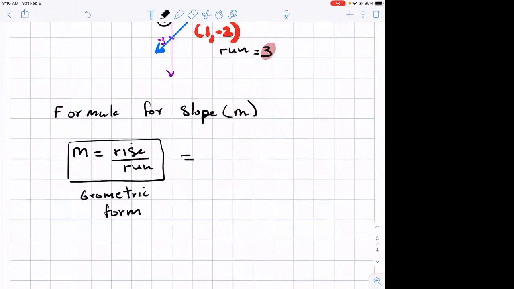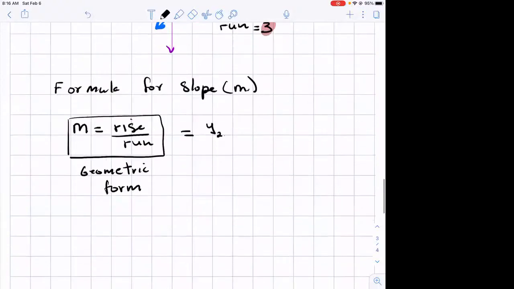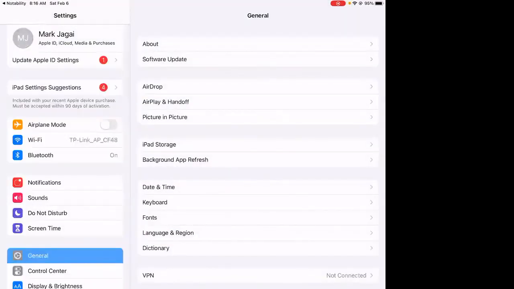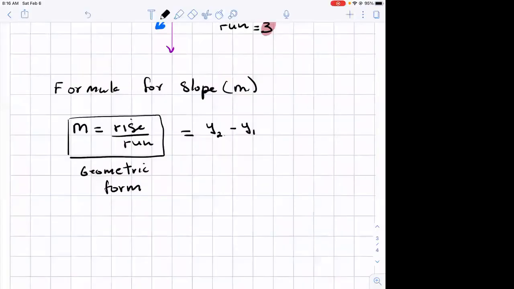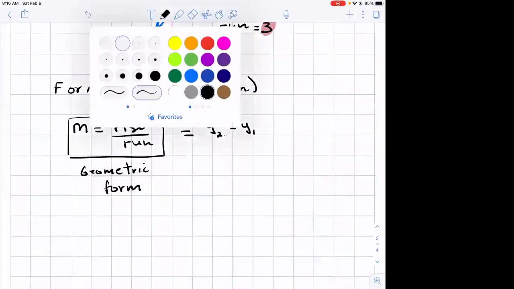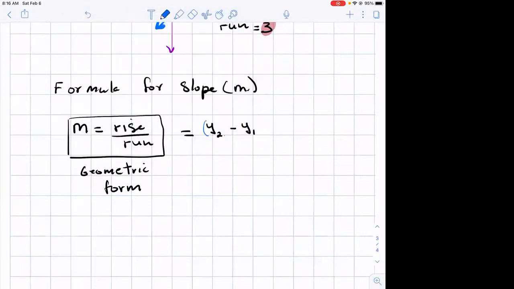But this, the rise, is the change in the y value. So y2 minus y1, and I would strongly recommend that you keep these things here in parentheses.